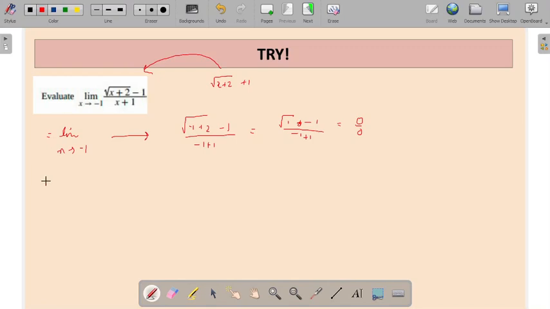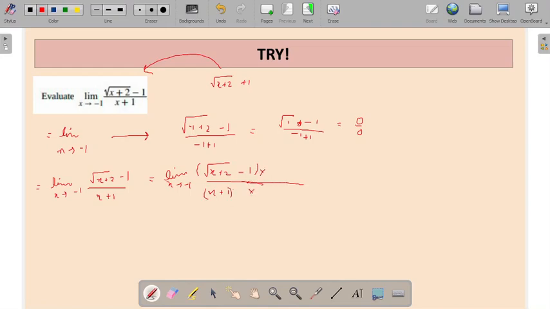If we do this, then limit x approaches minus 1 of under root x plus 2 minus 1 over x plus 1 is equals to limit x approaches minus 1 of under root x plus 2 minus 1, x plus 1 as it is, multiplied by its conjugate on the numerator and denominator.